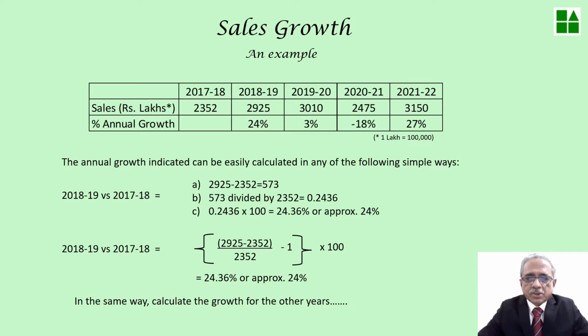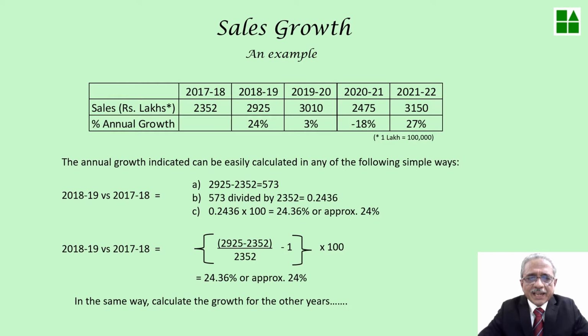So 24.36, which is approximately 24%. Or you just use a formula. Into the brackets you mention 2925 divided by 2352, you minus that by 1 and multiply that by 100 and you get to 24%.